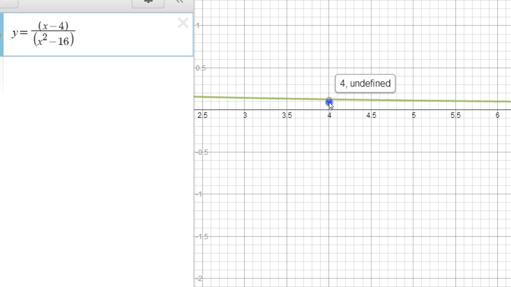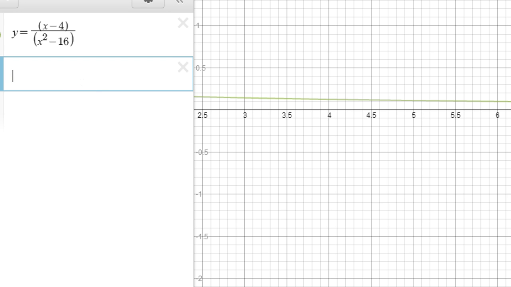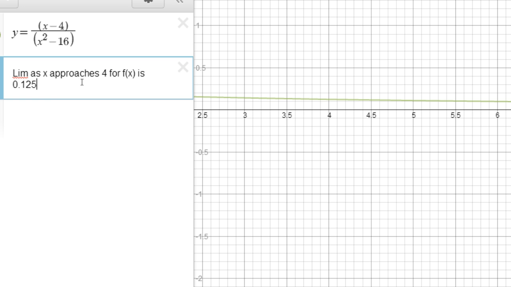So we're not looking at the exact value of y when x is 4, but we're looking at the limit. How that's usually said is: the limit as x approaches 4 for this function, let's call this f of x, is 0.125.